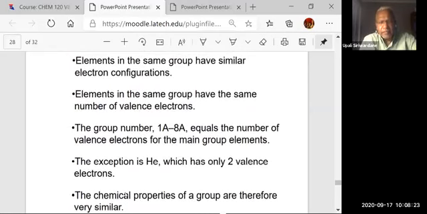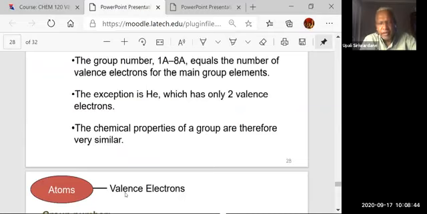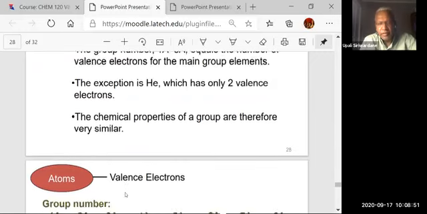The valence electron configuration is the one that describes the chemistry of the compound, because the inner orbitals, or core electrons, are not participating in a chemical reaction. Therefore, they don't play any role in chemistry, except helium that has only 2 valence electrons. Most of the atoms have 8 electrons in the valence shell.